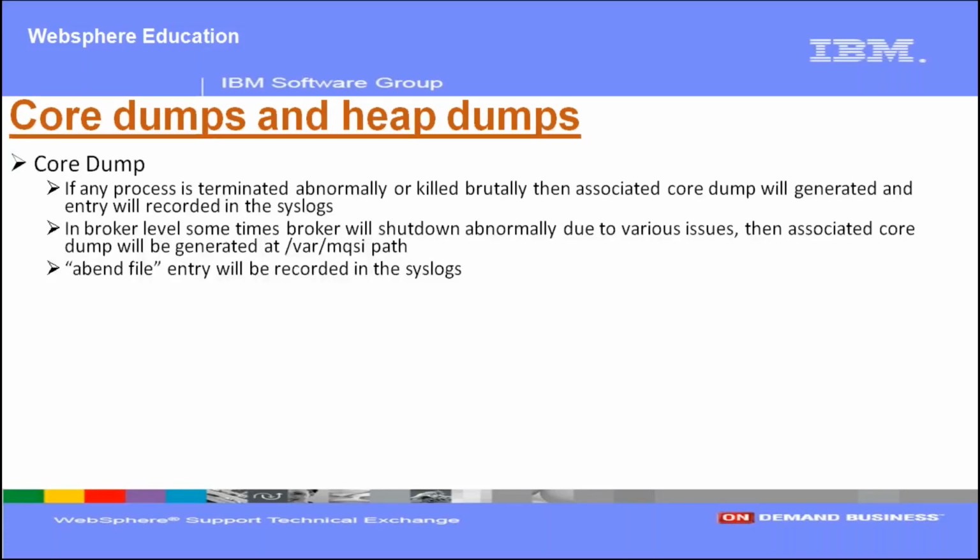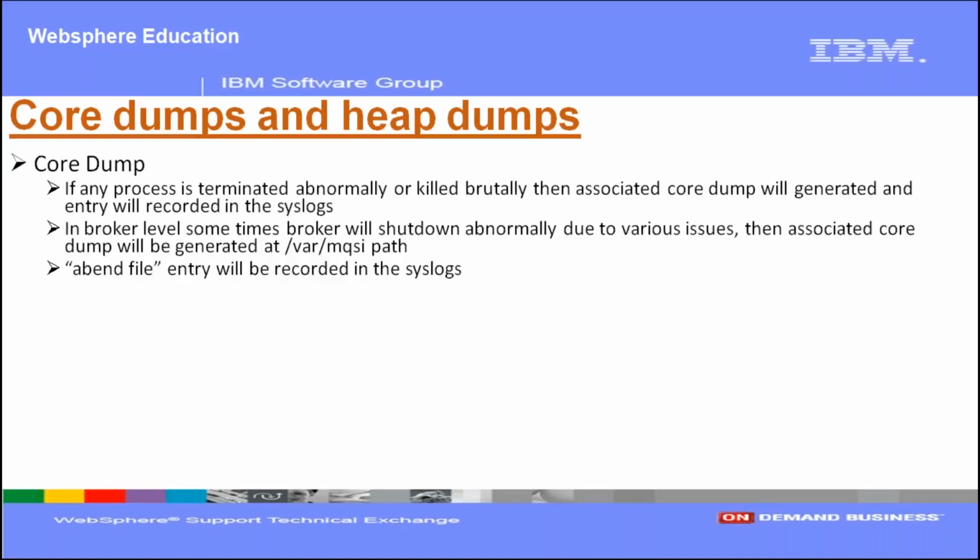I know that it would be very complex to understand, because the terms are new for you, that's why it is taking some time for you to digest. I totally understand, but understand one thing: core dump means if any process is killed abnormally, then a core dump will be generated, and then an abend file entry will be there in the syslog. Abend file means it's just a core dump entry. That's it.